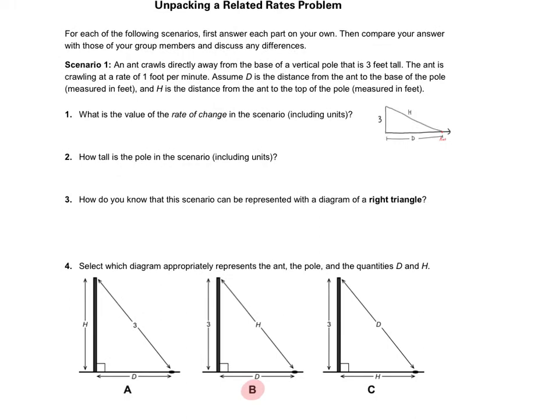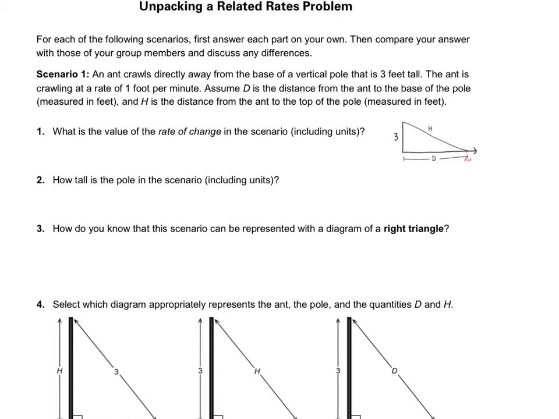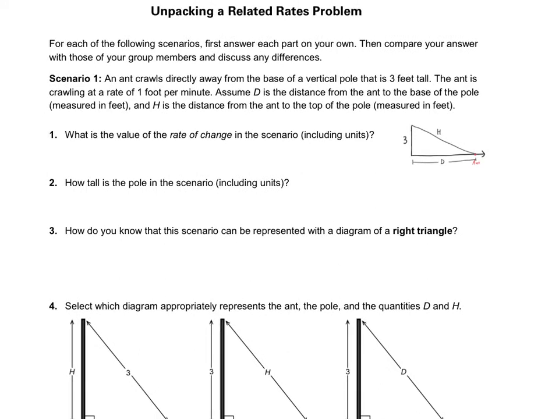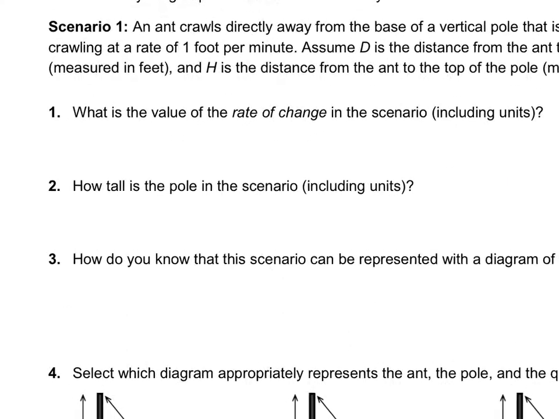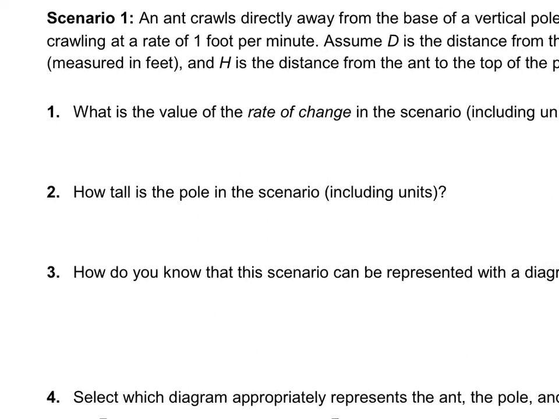Okay, what's the value of the rate of change in the scenario? The only rate of change that we know of is the rate of change of this distance d as the ant goes this way, because the fact that the ant is crawling at 1 foot per minute means this distance d is increasing at 1 foot per minute. And so that's what we know. And always good to put everything in these math symbols.